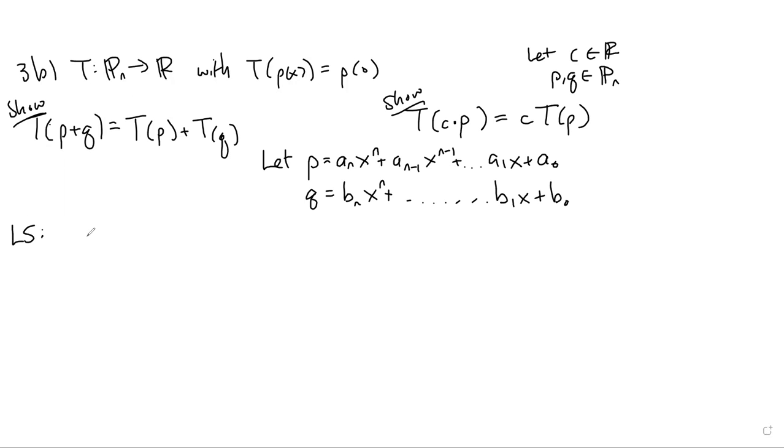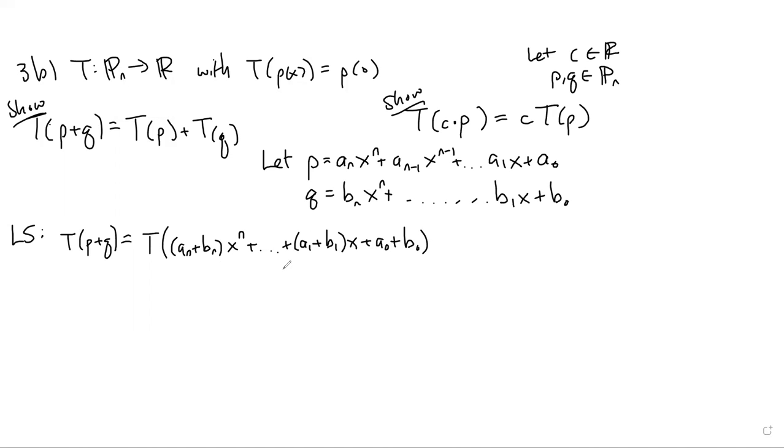So first of all, what I'll do is show the left-hand side here. So T of p plus q, in this case, is going to be T of, and if I add these two things together, I'll get power of x by power of x. I can just add the coefficients, and each of them can just match right together with the corresponding x's.